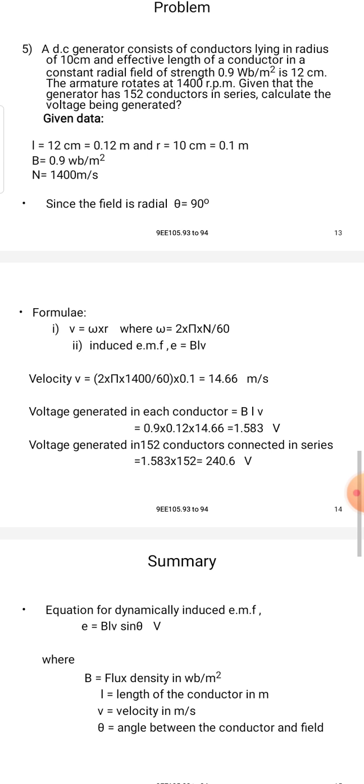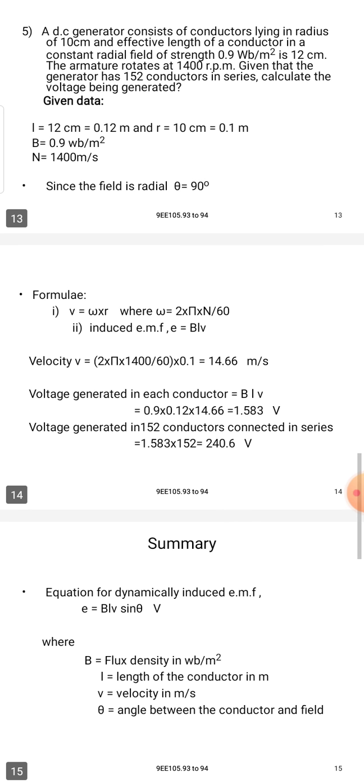Flux density is 0.9 Weber per meter square. Okay, and speed is 1400 rpm, revolutions per minute.